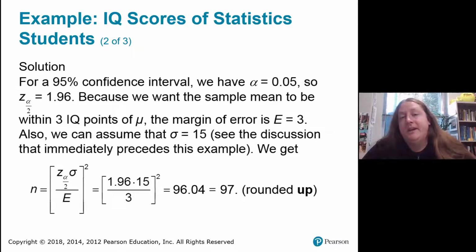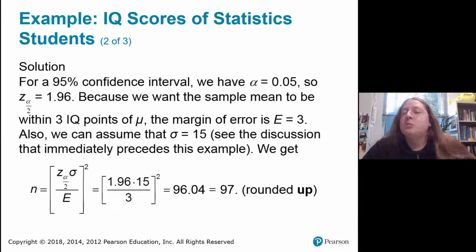Since we want a 95% confidence interval, alpha is 0.05. So when we look for z sub alpha divided by 2, we get 1.96. Because we want the sample mean to be within 3 IQ points of the population mean, our desired margin of error is 3. So E is going to be 3.